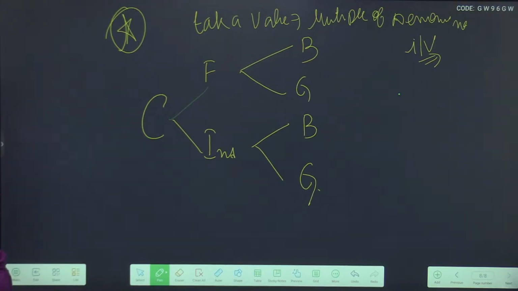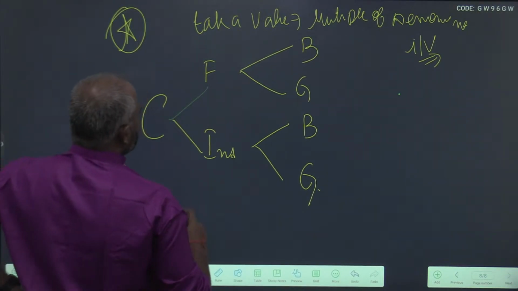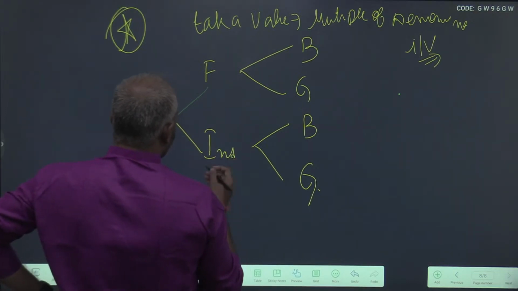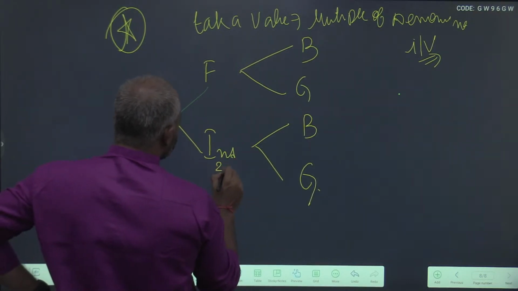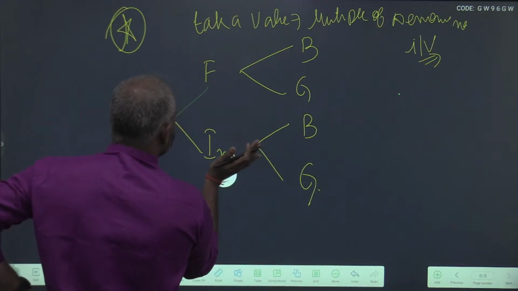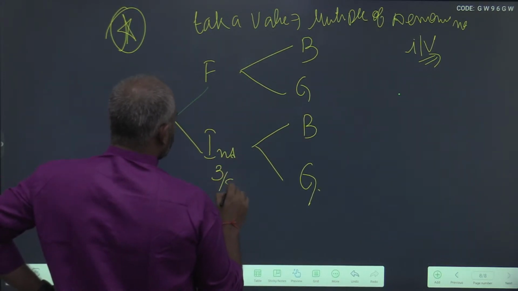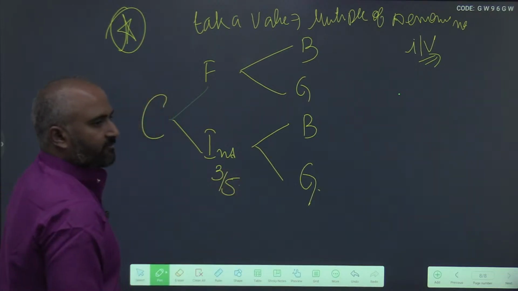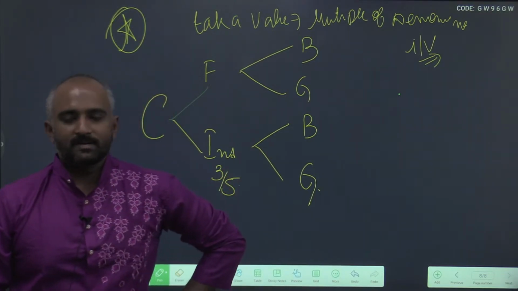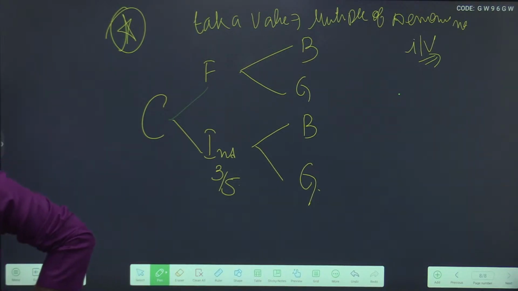60%, so 60% are from India. 60% is 3 by 5.